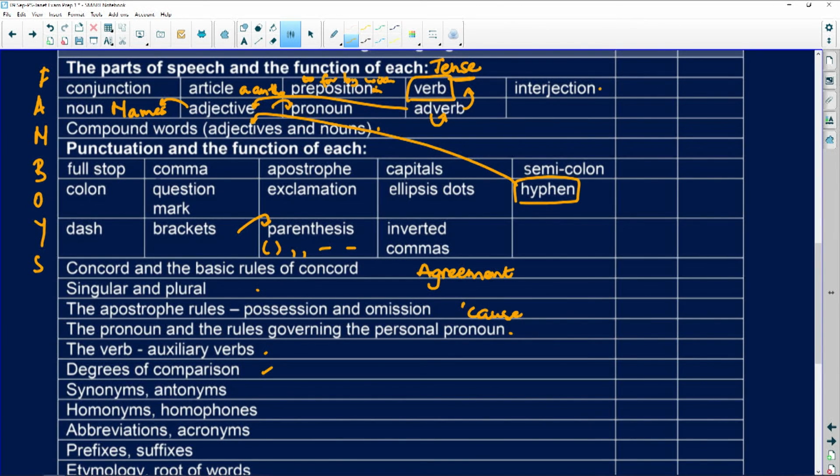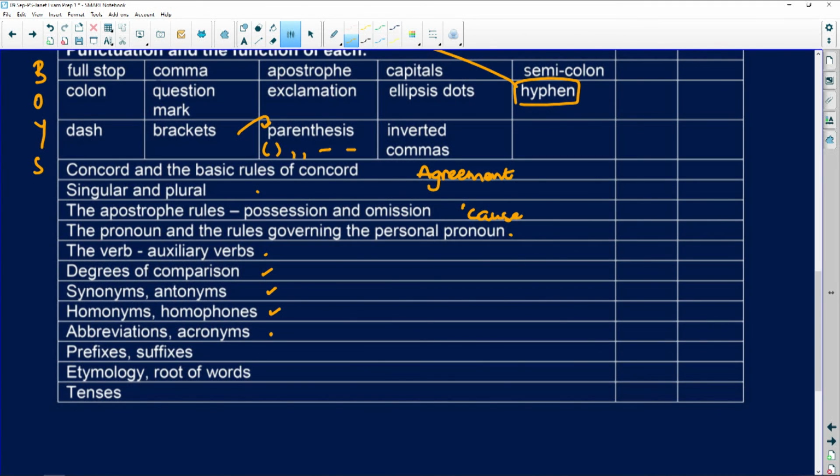We talked about this. Go over abbreviations and acronyms. We talked about prefixes. Don't forget suffixes. Roots and etymologies are not usually tested in FAL, but you must know your tenses.